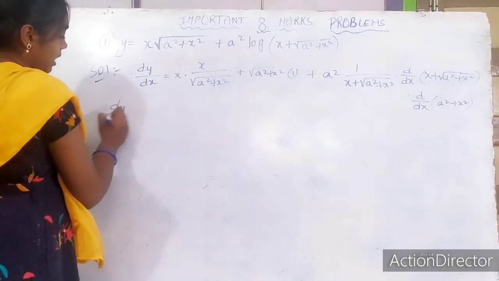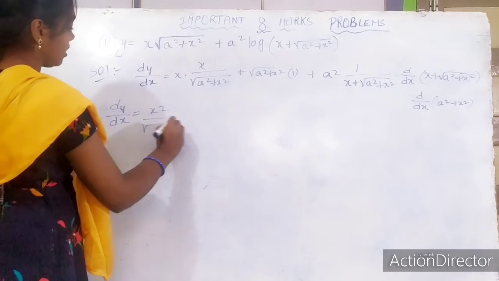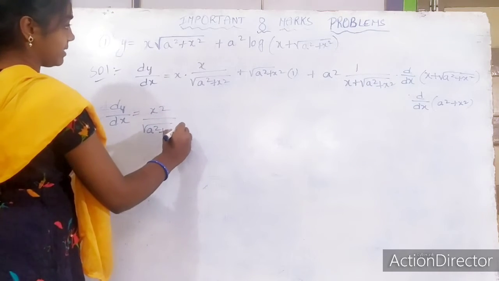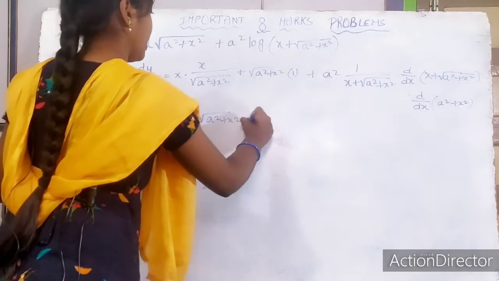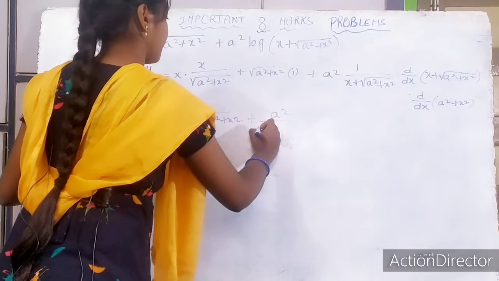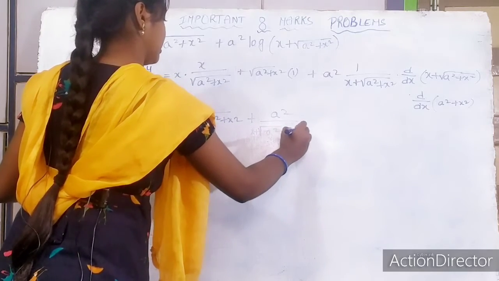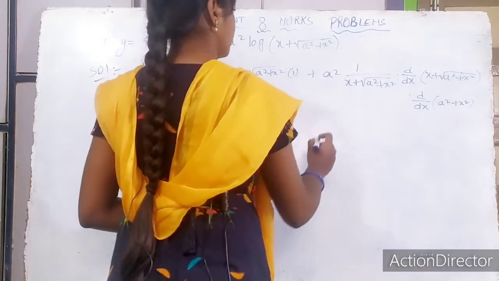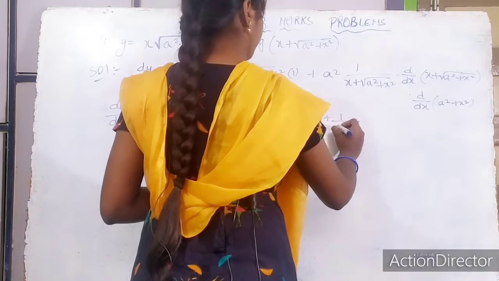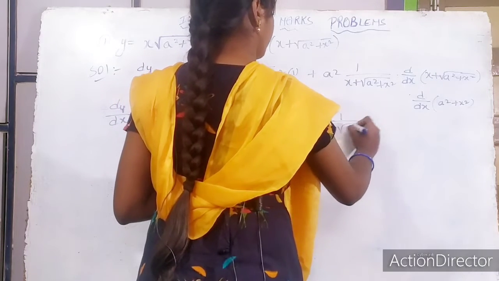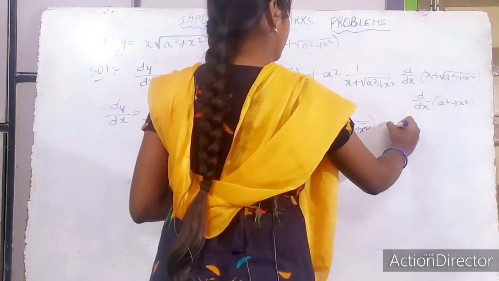Now dy by dx is equal to x square by root of a square plus x square plus root of a square plus x square, plus a square by x plus root of a square plus x square into the inner derivative 1 plus 1 by 2 root of a square plus x square into 2x.